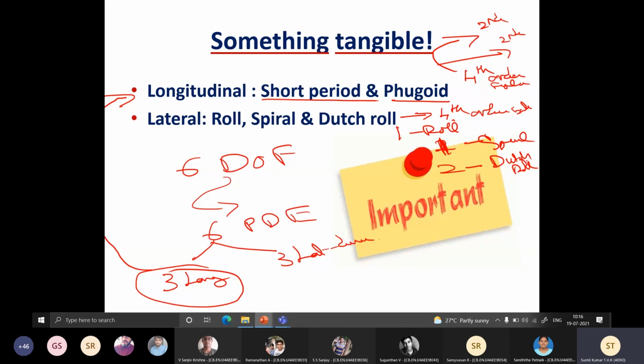So you can have either a simple first order transfer function or a second order transfer function in case of Dutch roll. When you look at the book, you must be finding some fourth order system. The denominator, if you see, will be s to the power 4. That indicates, since you are looking at theta, that you are looking at the longitudinal transfer function.